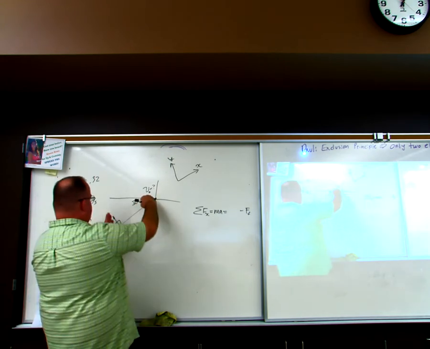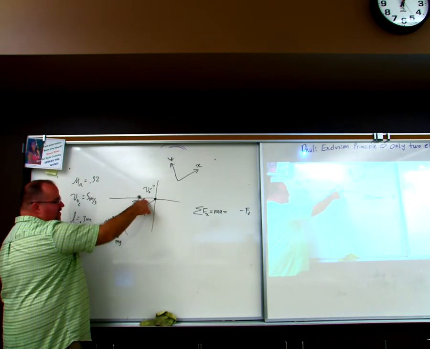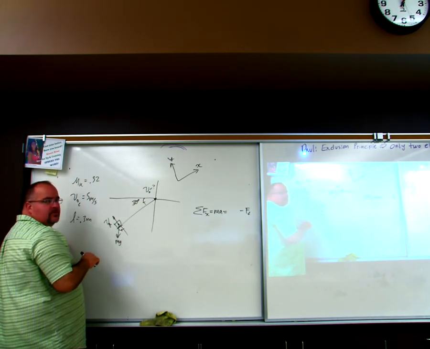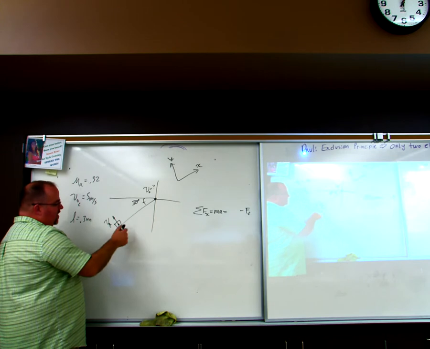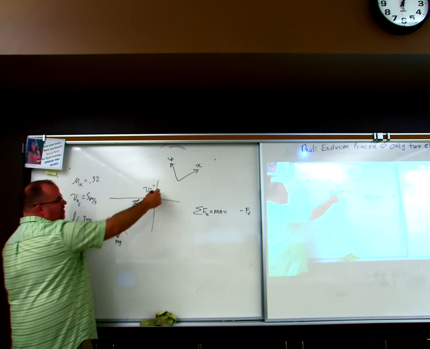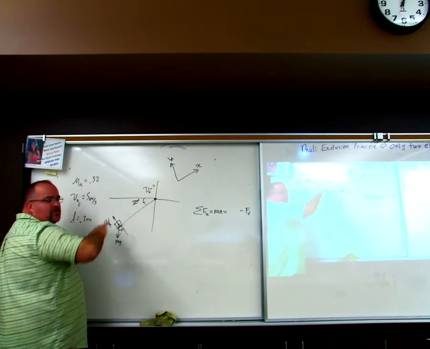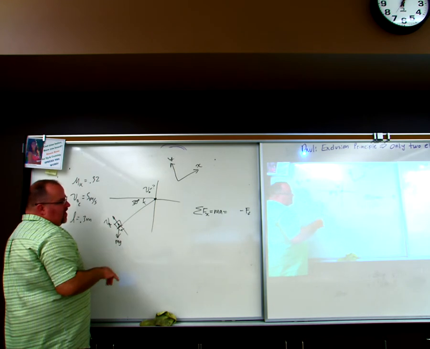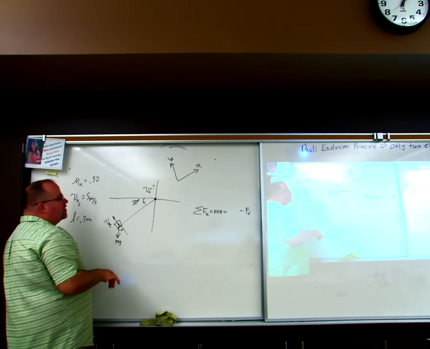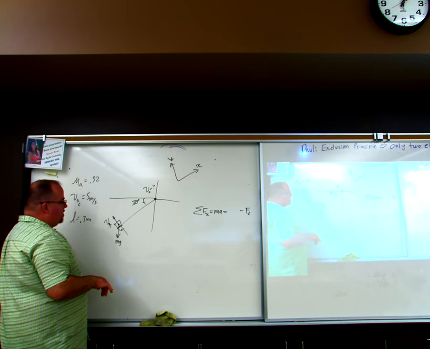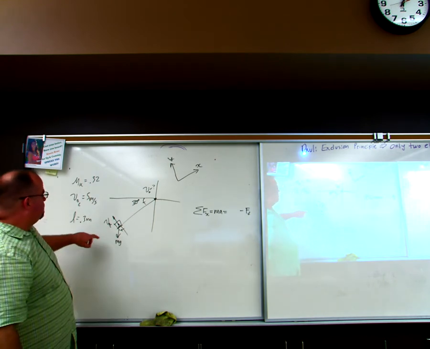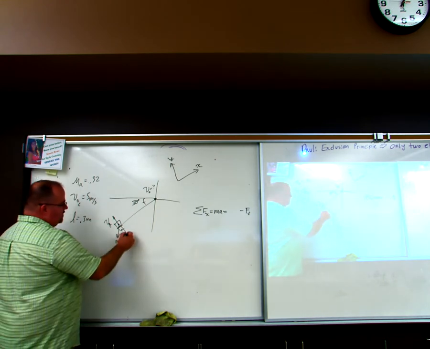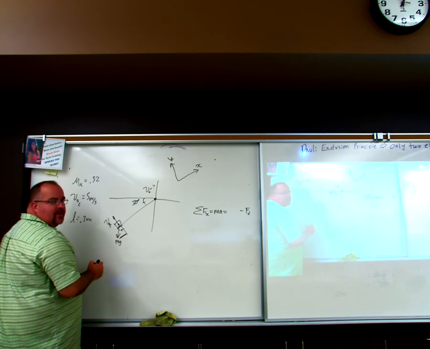Is this angle that I drew here congruent to this angle here? Yes. So it's gonna be the sine, because the opposite is in our x direction. Remember, when you start tilting these things, your signs can flip. The x is the opposite, so we have to use sine on it.